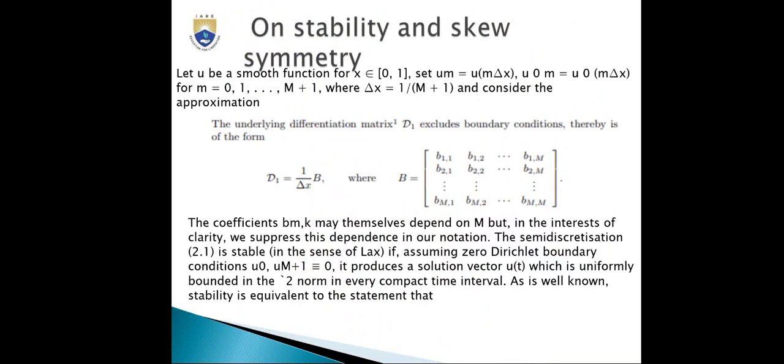The underlying differentiation matrix D1 excludes boundary conditions, thereby is of the form D1 = 1/Δx times B, where B has first row b_{1,1}, b_{1,2} and so on up to b_{1,M}, second row b_{2,1}, b_{2,2} and so on to b_{2,M}, and so on to row M: b_{M,1}, b_{M,2} and so on to b_{M,M}.